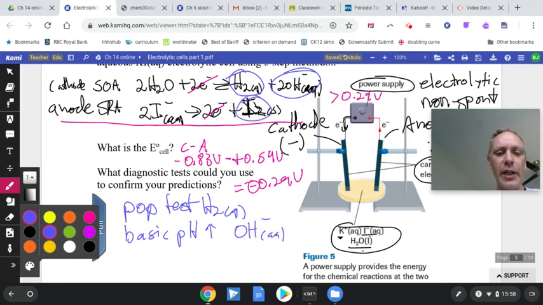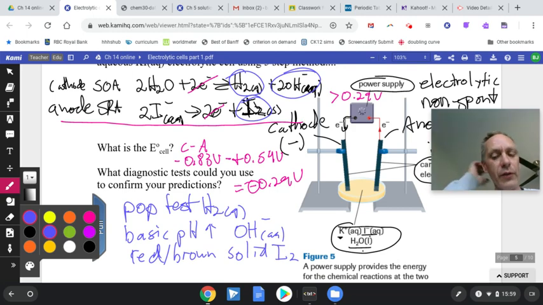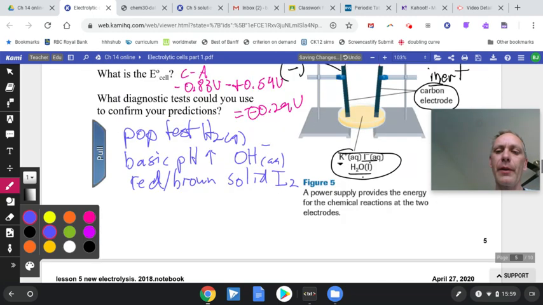And we're also making iodine. There's lots going on here. So this would be a red-brown solid, I2. 3 different things we could look at. Wow. Okay, moving on.